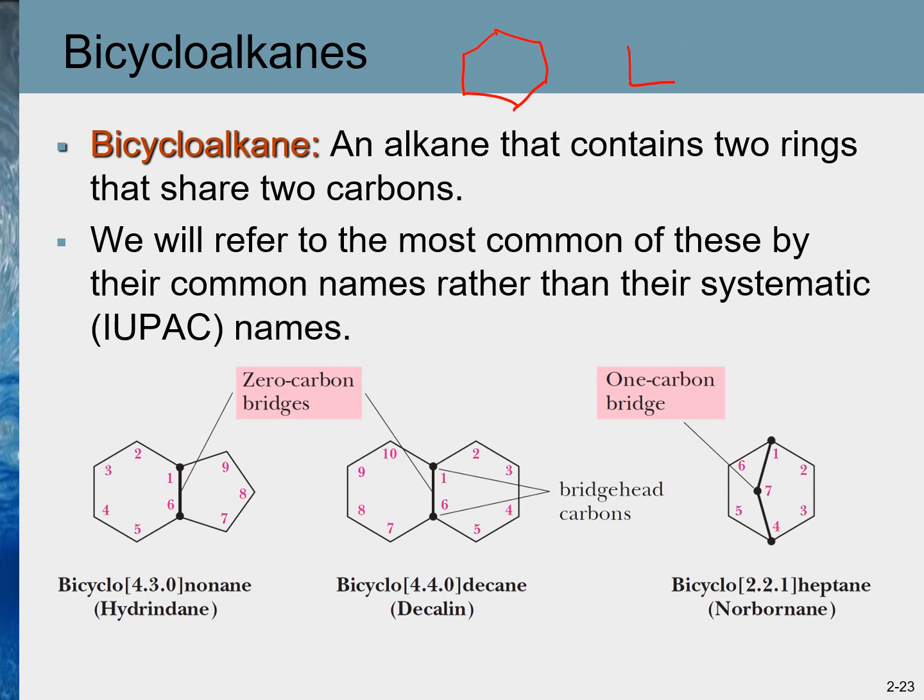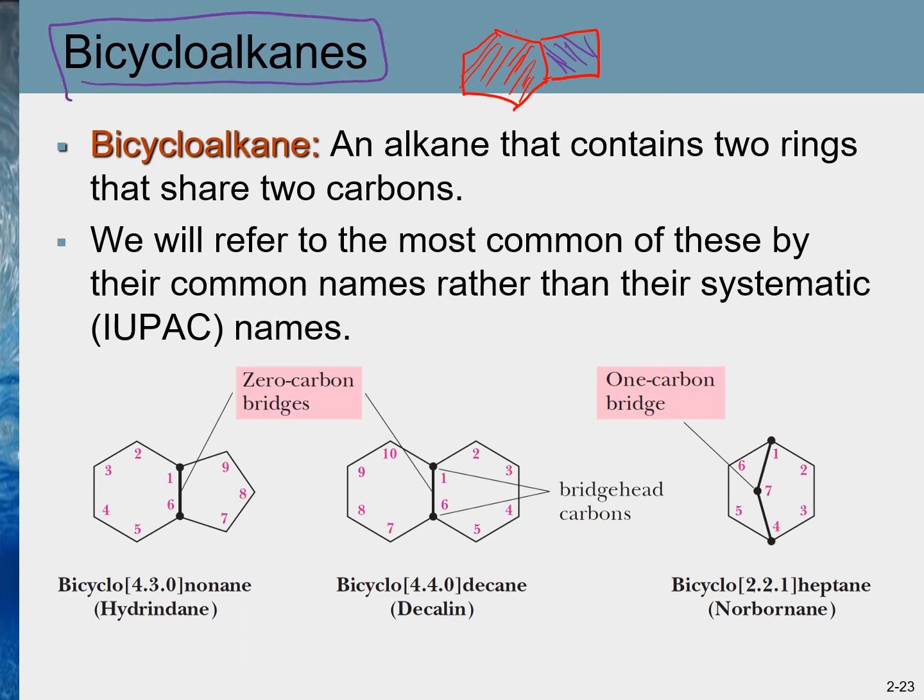But when they are together and they share 2 carbon atoms, for example this way, they appear like fused rings. Now they are sharing two carbon atoms. So these kind of compounds where two cyclic compounds are fused with each other and they share two carbons together, these are known as bicycloalkanes.